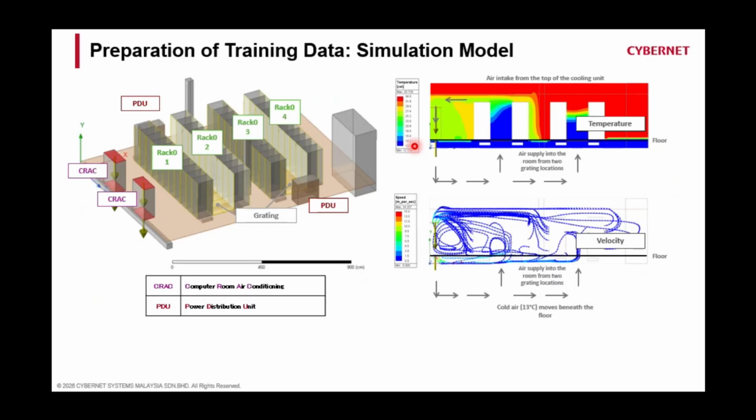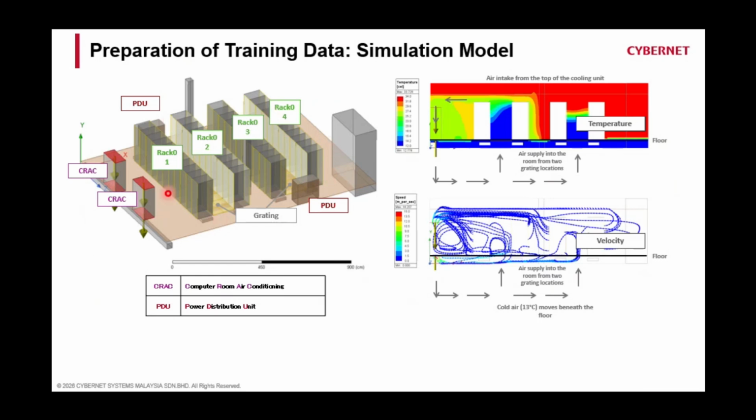This will be in the form of CFD analysis. The software I'll be using here is Ansys Icepak, which is very good for electronics cooling applications or your data center as well. Imagine this is your typical data center.